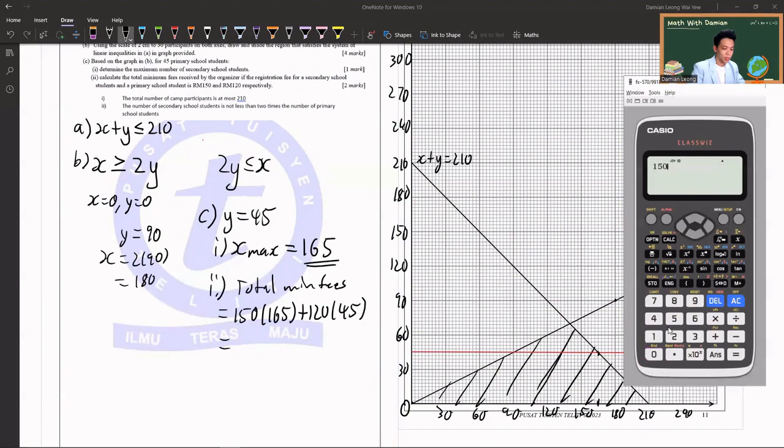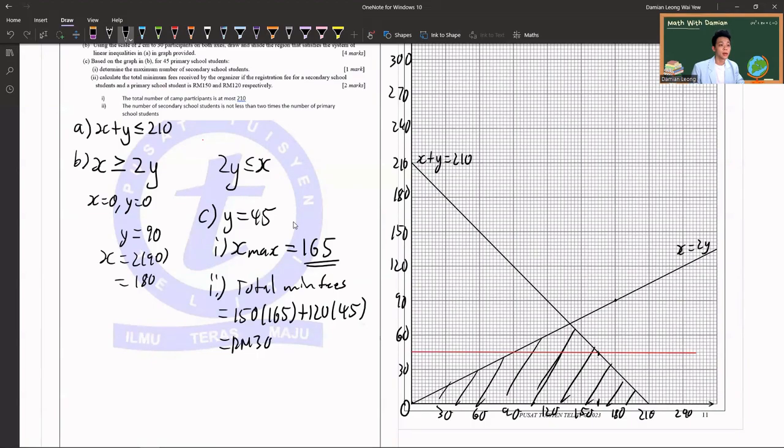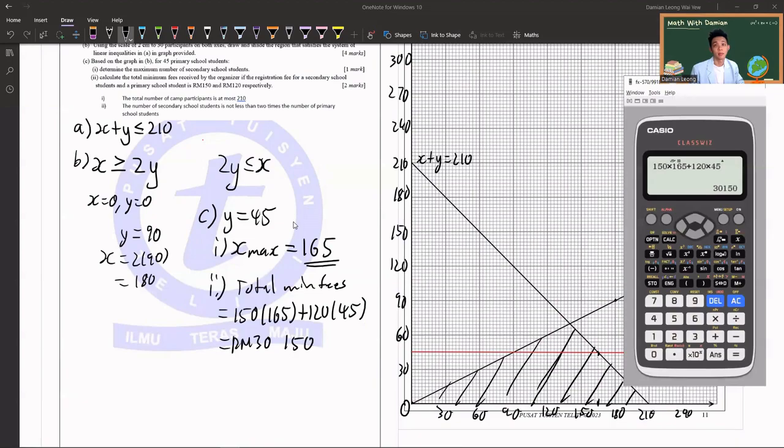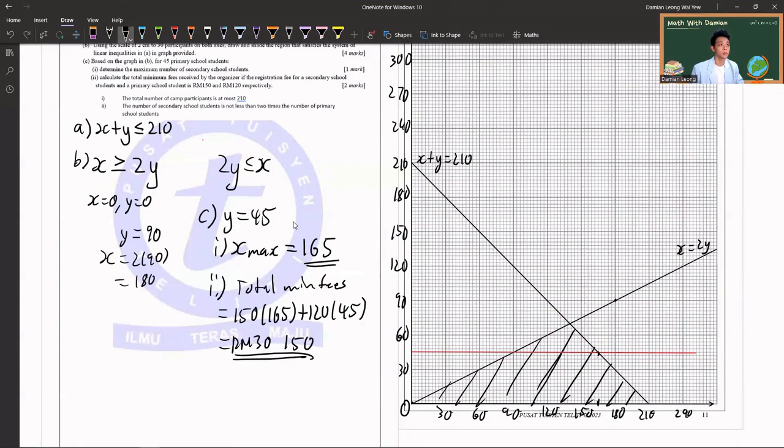So 150 times 165 plus 120 times 45, I get 30,150 ringgit. Sorry, that would be the maximum. But what I want is minimum.